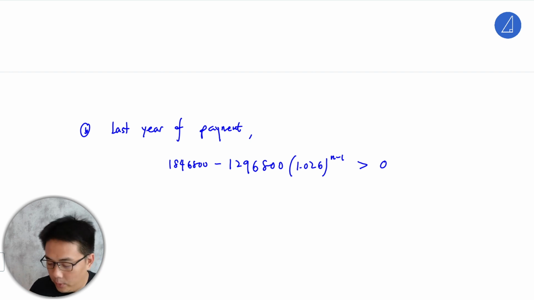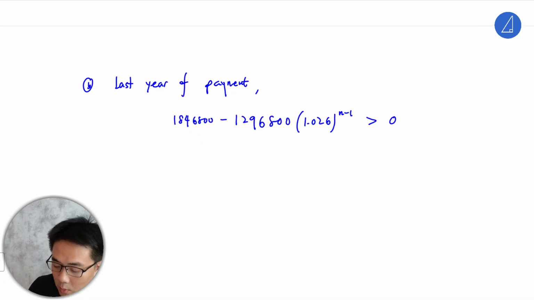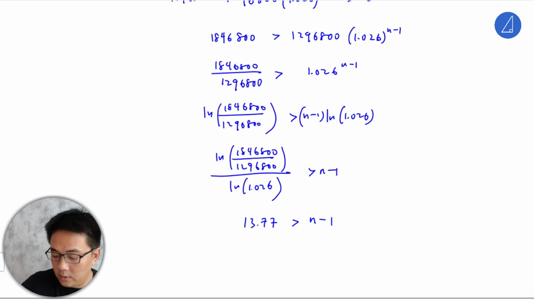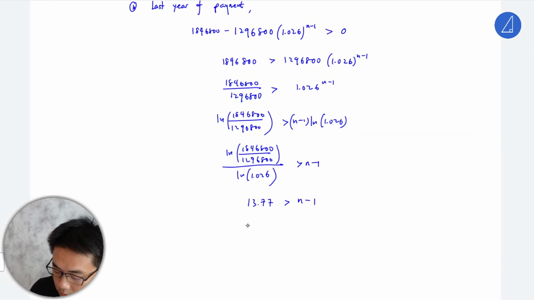So here you just solve this inequality. You get 13.77 plus 1, so this is 14.77. So the largest last year is n equals 14, because the 14th year is the last year of payment.